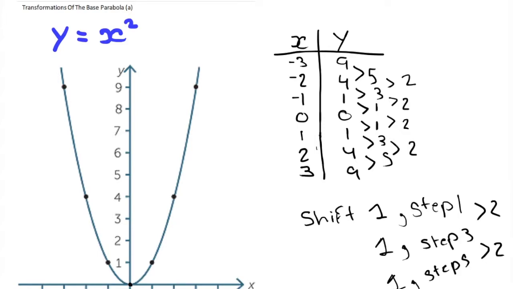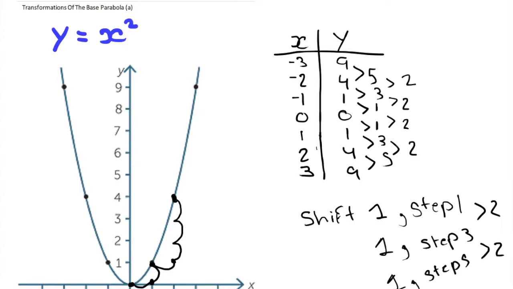As you can see, as you start on 0, you have to shift 1. So you go into 1 over here, and you have to step 1, right? Now that you're on your second shift step, you have to shift 1 again, but you have to step 3 this time. So 1, 2, and 3, right? And so on.